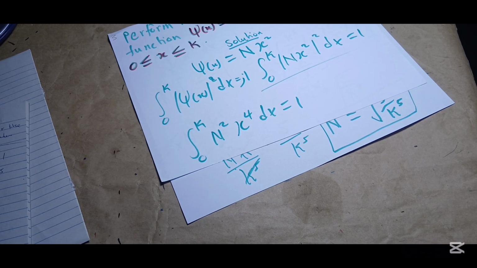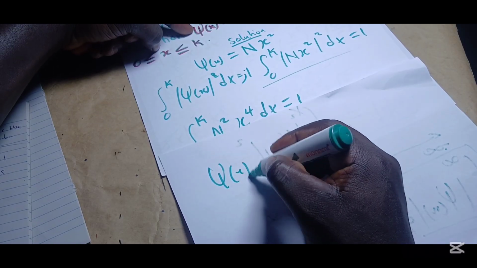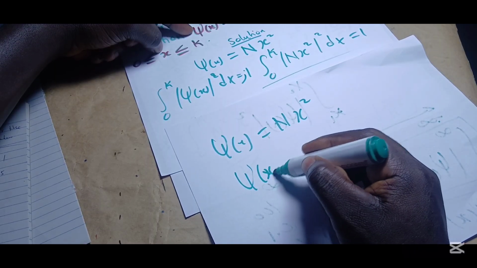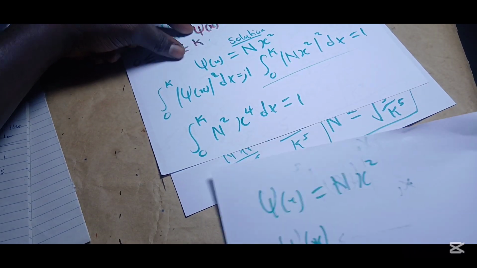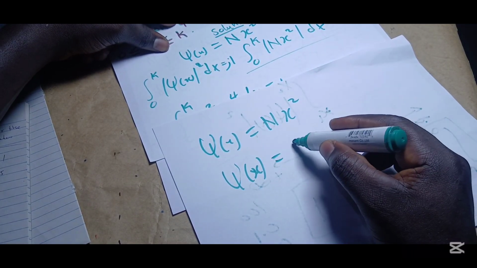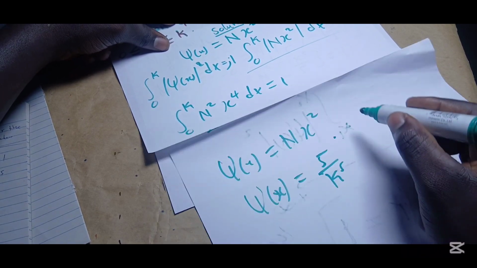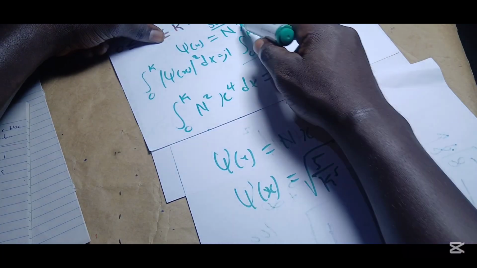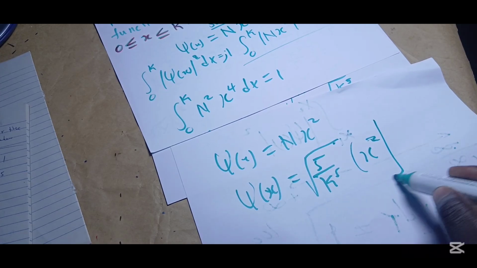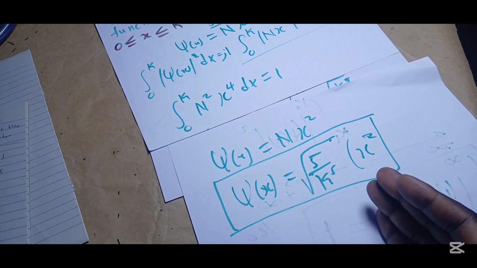Our normalized wave function, psi of x, is now psi of x equal n x squared, but we now know n, which is our normalization constant, to be the square root of 5 over k to the power 5. So we have the square root of 5 over k to the power 5, then the wave function, which is x squared. So now this wave function is normalized.